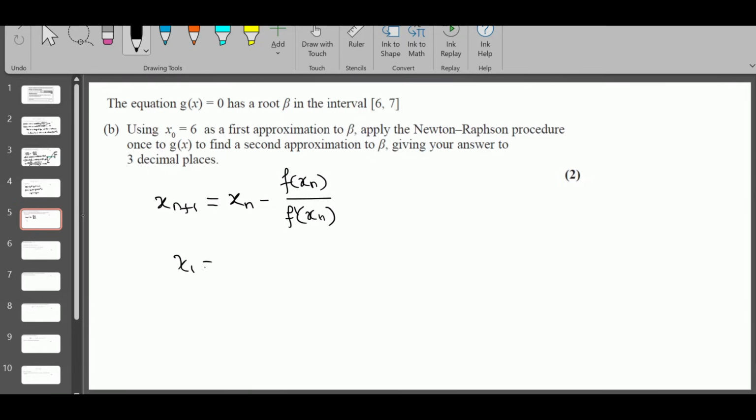So x1 is x naught minus f of x naught divided by f dash of x naught. The x naught is 6, so it's going to be 6 minus, sub in 6 into the function. It should be g actually, not f. g dash.